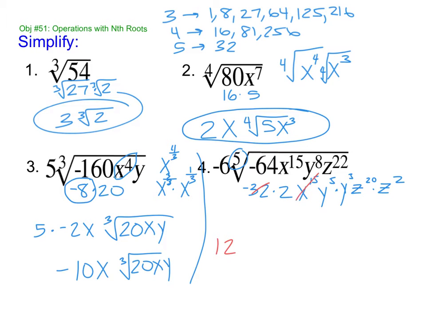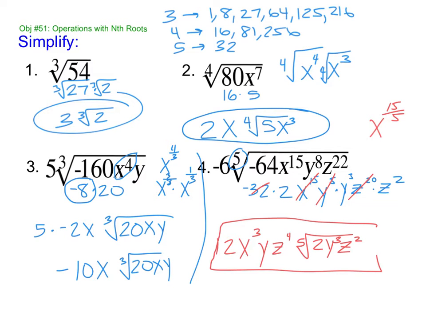X to the 15th gives us x cubed, right? This is x to the 15 over 5. 15 divided by 5 is 3. Y to the 1st. And z to the 4th. Alright, so that one and then that one. And we're left with a 2, a y cubed, and a z squared. Right? All of the exponents on the inside are less than the 5.